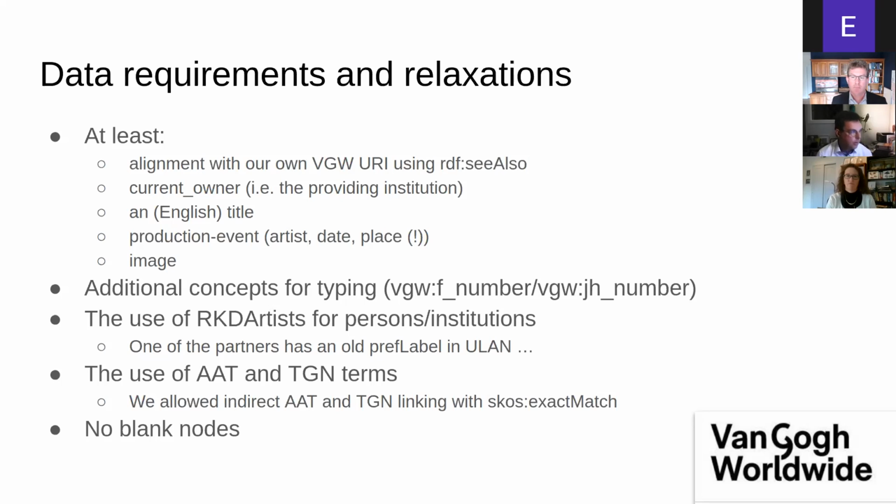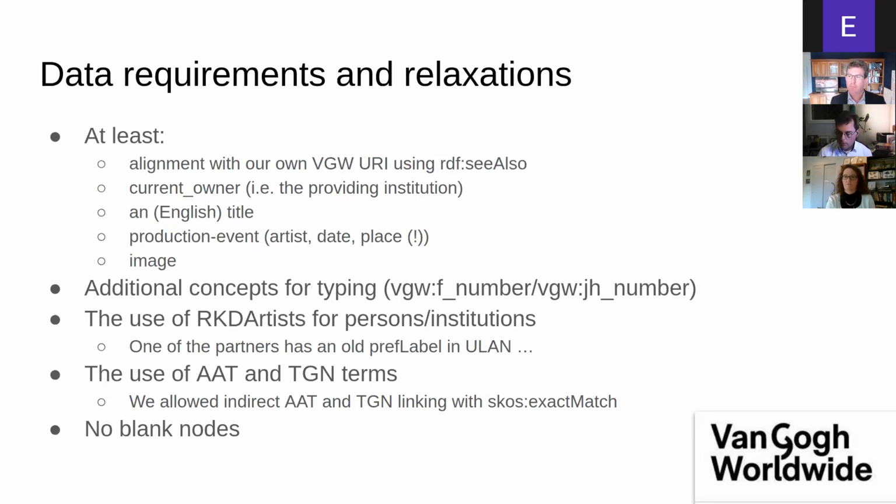It turned out that one of the partners was not correctly added in the ULAN database of the Getty, and that was one of the triggers to discuss whether we should use ULAN as an authority file for persons and institutions.